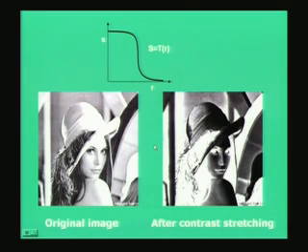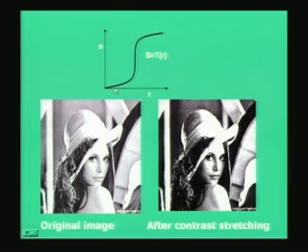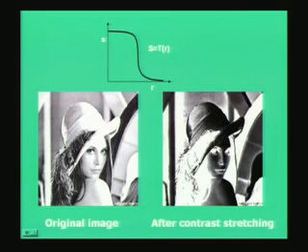If you look back and compare these two transformation functions and the corresponding outputs, let us roll back and see. This was what we showed earlier: S equal to T of R, brighter pixels become brighter, darker pixels become very dark, and you can see the reverse effect here, where dark pixels become very bright and bright pixels become very dark. So, this is an example of contrast stretching in either direction.